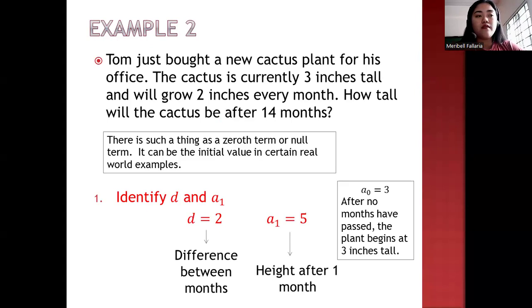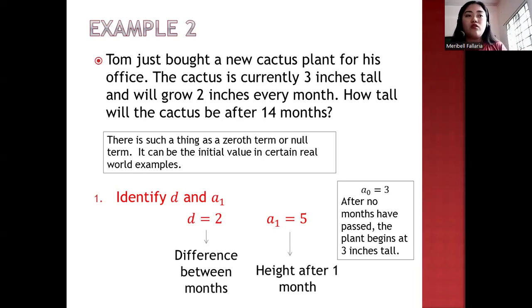First step, identify the value of B and A sub 1. Our common difference is how many inches the cactus grows every month: 2 inches. Okay, that's the common difference. Next, our A sub 1 is the height.